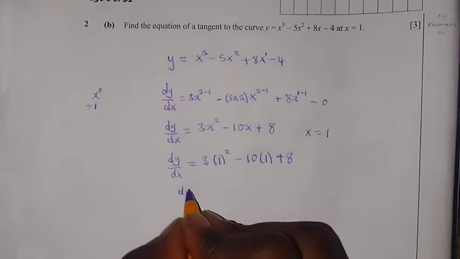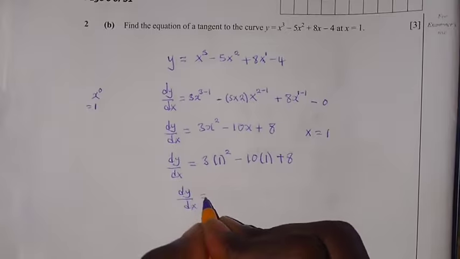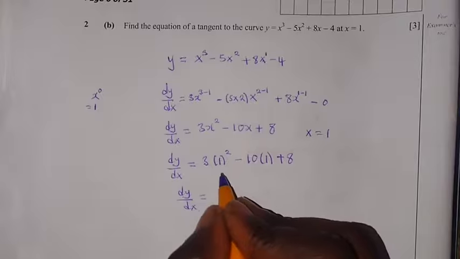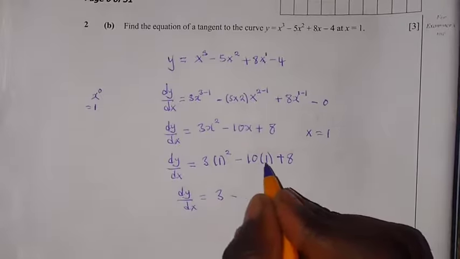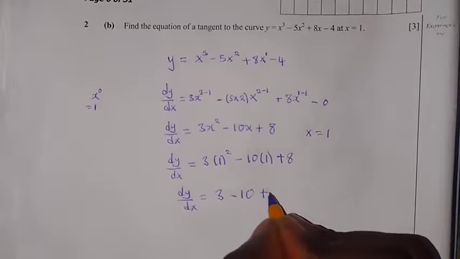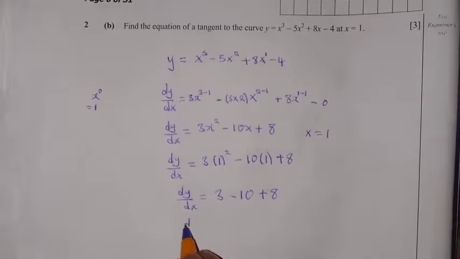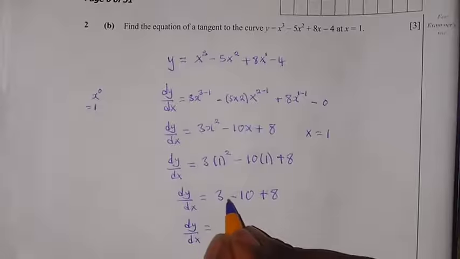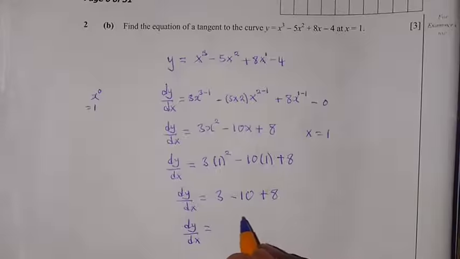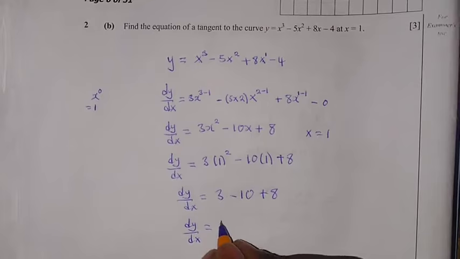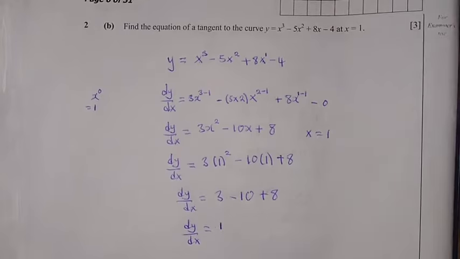So from here we'll say dy/dx is equal to, so 1 squared is 1, 1 times 3, minus 10 times 1, it's 10, then plus 8. So from here, our gradient will be equal to 3 minus 10, this will be a minus 7, then minus 7 plus 8, this will be a 1. So the gradient there was a 1.